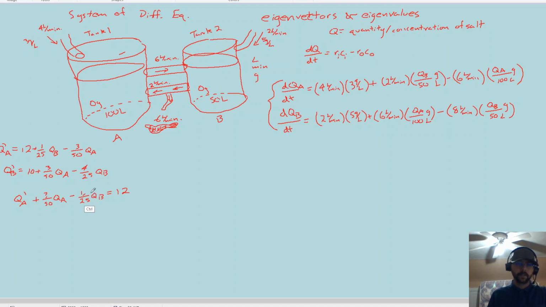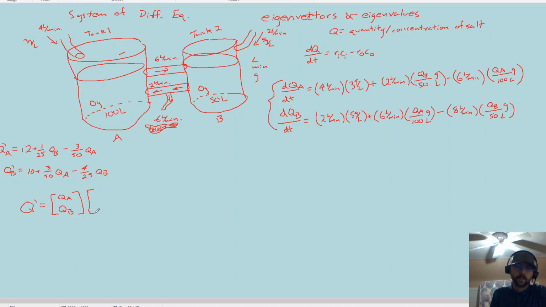Because what we want is big Q, meaning it's a vector, equals, putting the terms in order, the QA's first. I'm going to multiply this times QA and QB.